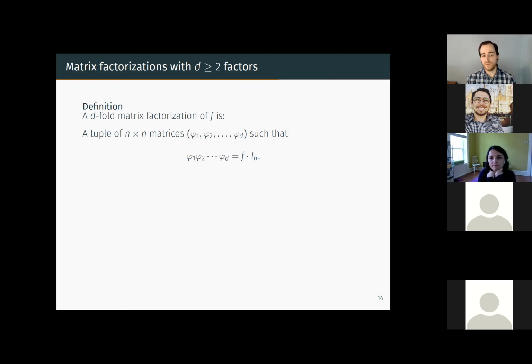Instead of having a product of two matrices, phi times psi being f times the identity, now we're going to look at tuples of matrices, again, all square of the same size, so that the product, and you sort of have to pick which order to multiply them, but I'm going to say for the definition, this product is equal to f times the identity. So this is a d-fold factorization is what I'm calling this. And d here is going to be greater than or equal to 2.